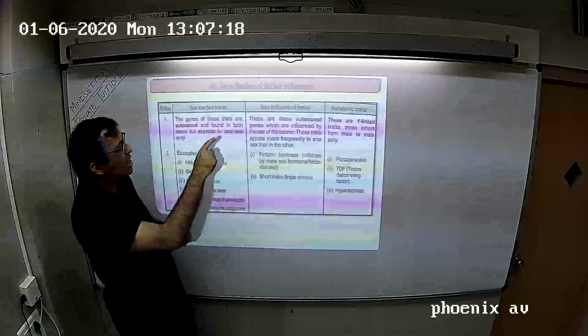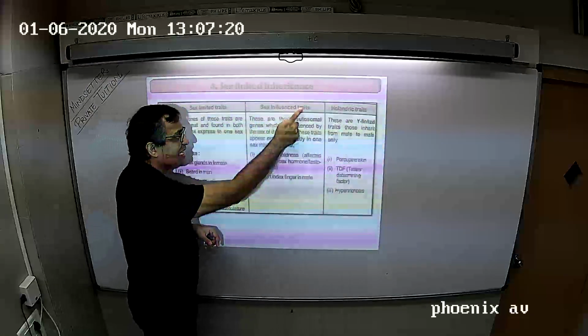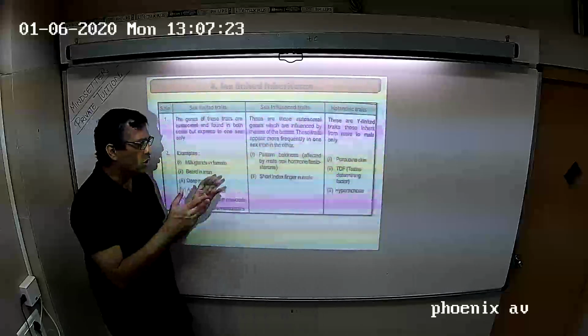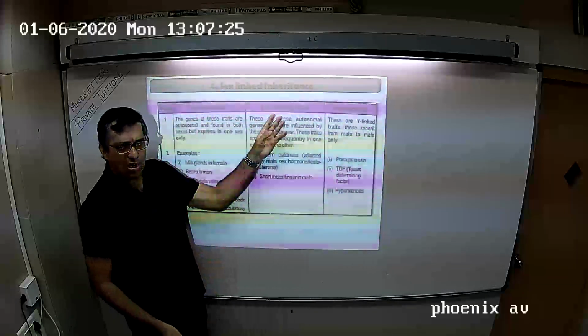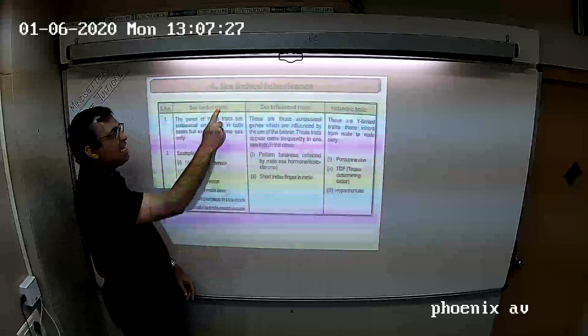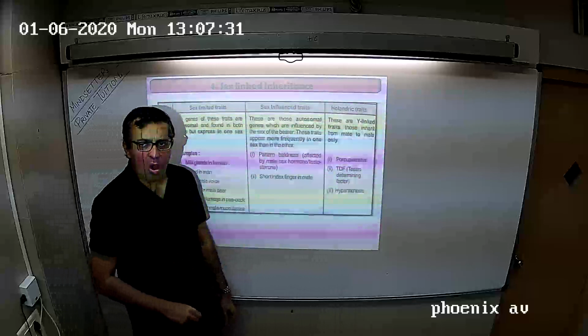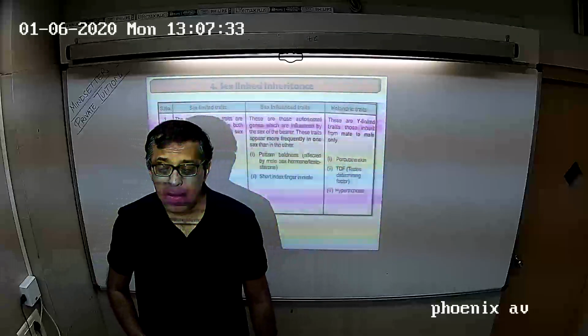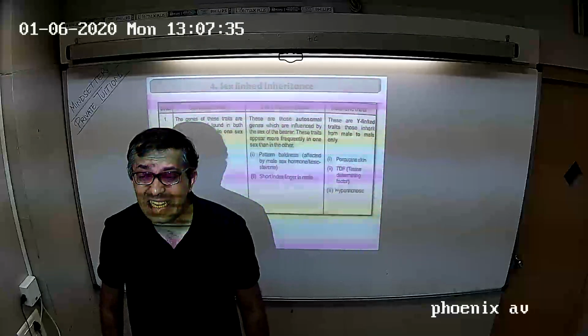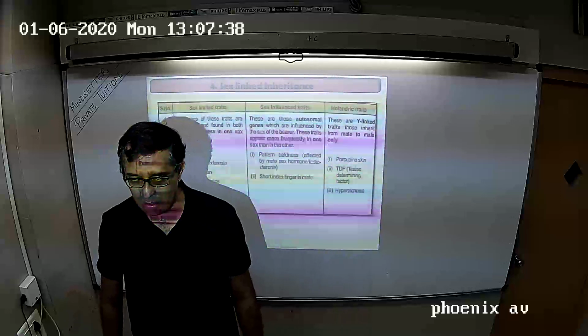By the way, what is the difference between sex-limited traits and sex-influenced traits? Both are caused by estrogen, progesterone or testosterone, but sex-limited traits are milk glands, beard, deep male voice. In other words, sex-limited traits are secondary sexual characteristics.